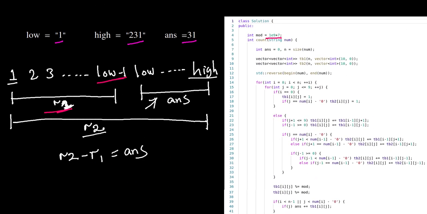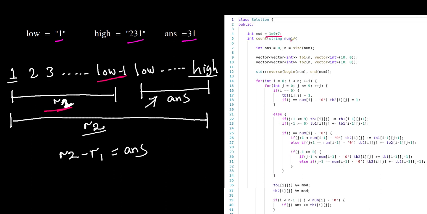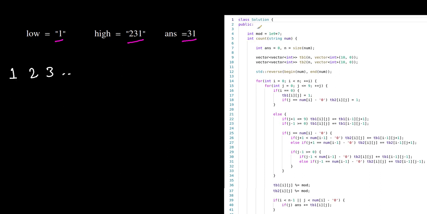Now the question is how to find the answer for numbers between 1 and a given number. We will use dynamic programming to solve that. Let's take this number 2, 3, 1.